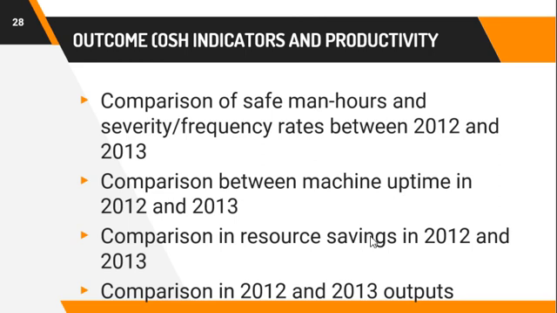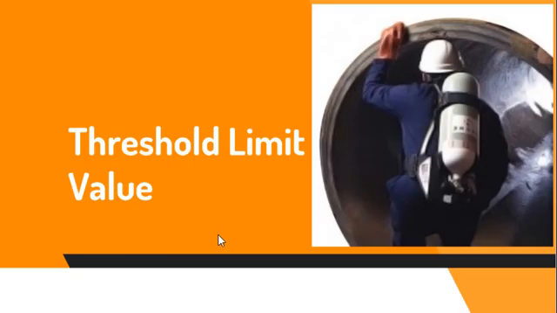Comparison in resource savings in 2012 and 2013, and comparison in 2012 and 2013 updates. These are only examples, of course, meaning you try to see if there is any progress in the outcomes in this field.